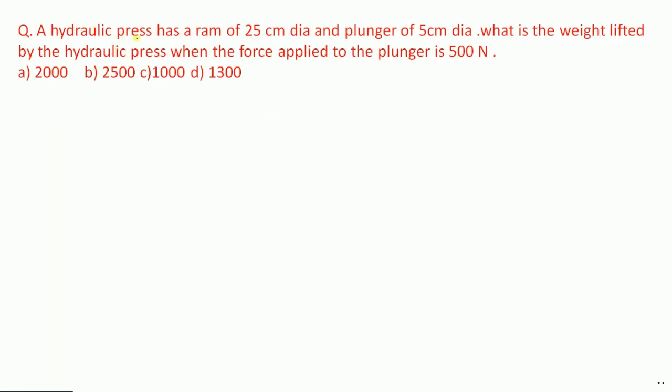A hydraulic press has a ram of 25 cm dia and a plunger of 5 cm dia. What is the weight lifted by the hydraulic press when the force applied to the plunger is 500 Newton? So here they are asking what is the weight lifted by the hydraulic press.